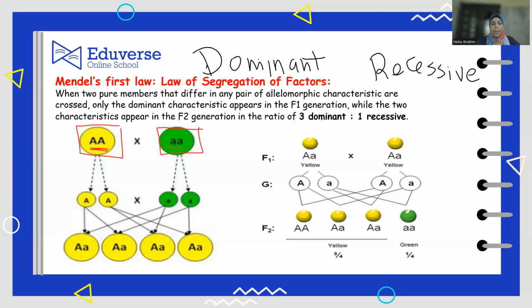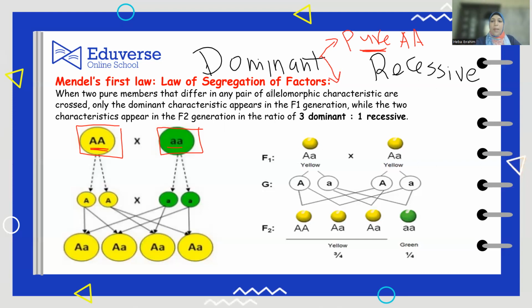But in the case of dominant traits, we have two possibilities. The dominant trait may be pure dominant, represented by two capital letters, A capital, A capital, because the genes from mother and father are both dominant genes.